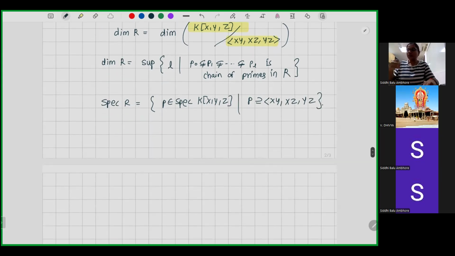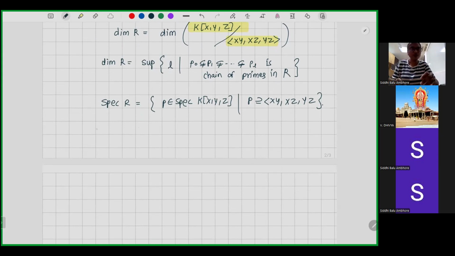So we have to check prime ideals which contain these. Note that if a prime ideal contains x, then it contains either y or z.